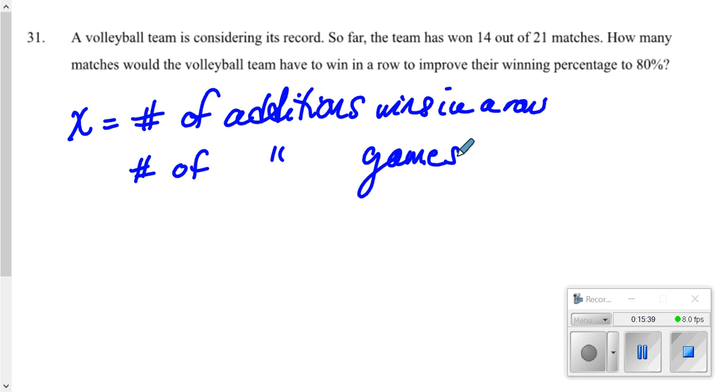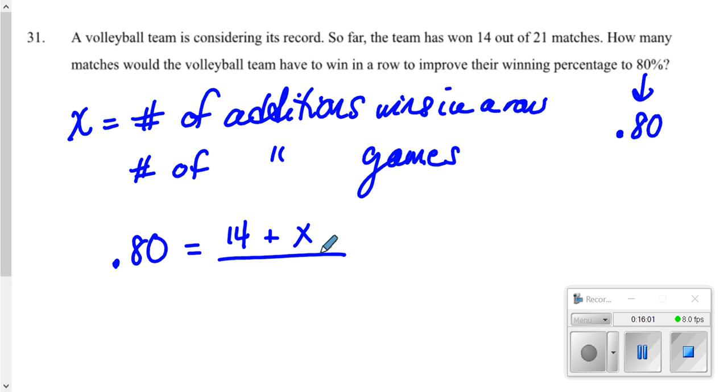So I know that percentages are related to decimals, and 80% is a ratio of 0.80 or a decimal of 0.80. And that ratio is wins to games. So far they have won 14, but they're going to have to win some more.